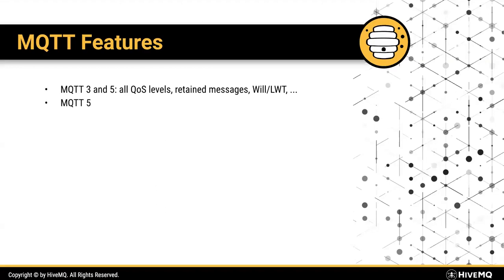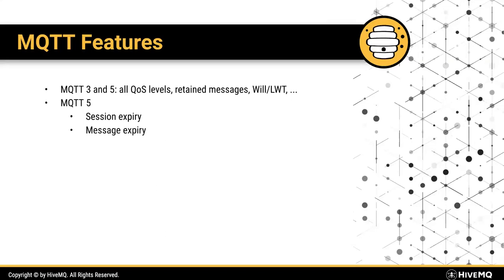And MQTT 5 added valuable features on top. You can now specify a session expiry. Previously you could say, I want a session. Now you can say, I want my session to last at least 30 minutes. So if you have a connection loss, you can reconnect and no messages will be lost.